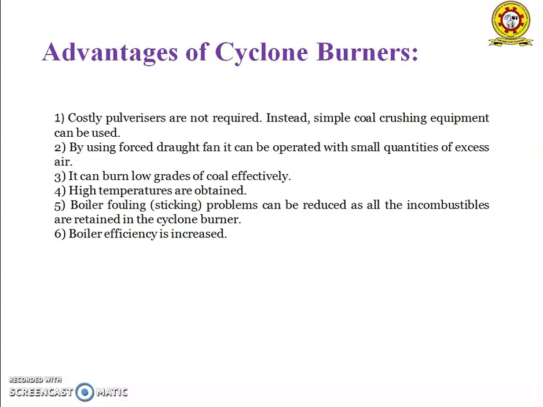The advantages of cyclone burners are: costly pulverizers are not required. Instead, simple coal crushing equipment can be used. By using a forced draught fan, it can operate with small quantities of excess air.